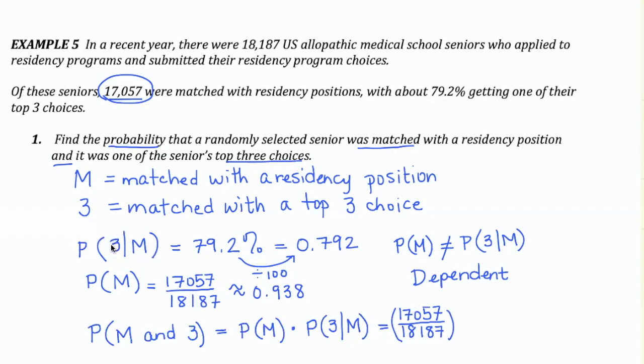For the probability of 3 given M, I'm going to go ahead and use the decimal 0.792. And when you multiply these two together, you get approximately 0.743 or a 74% chance. So we know the probability of a senior being matched and that match being one of the senior's top 3 choices.